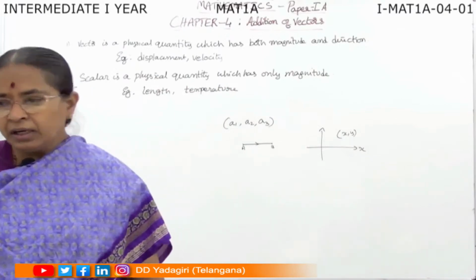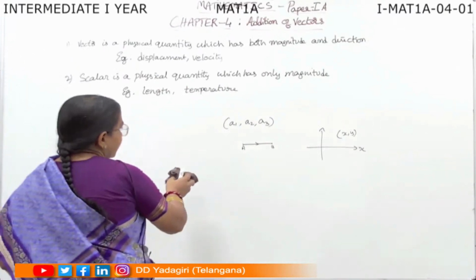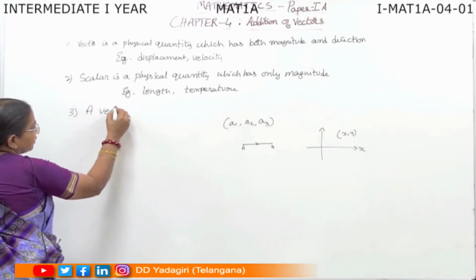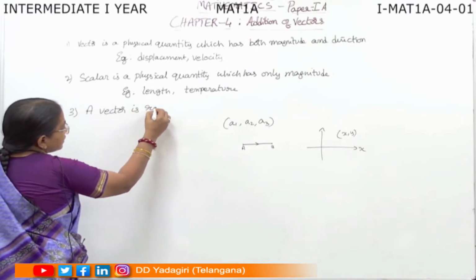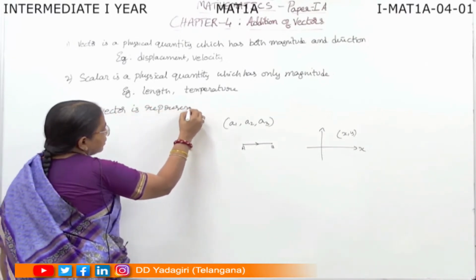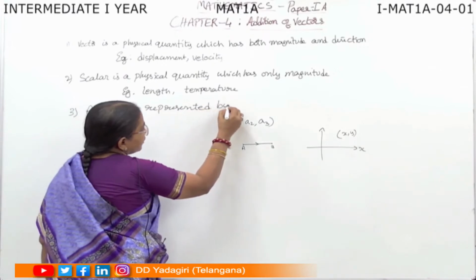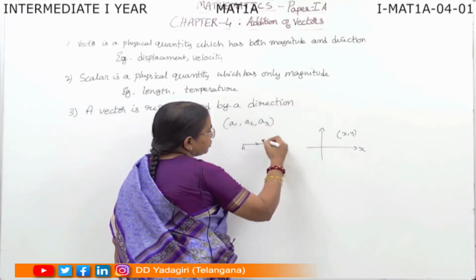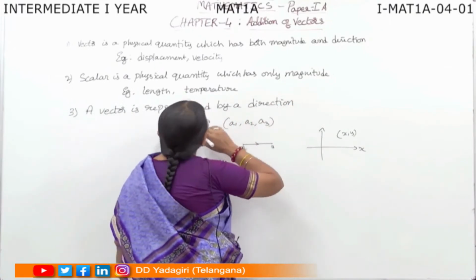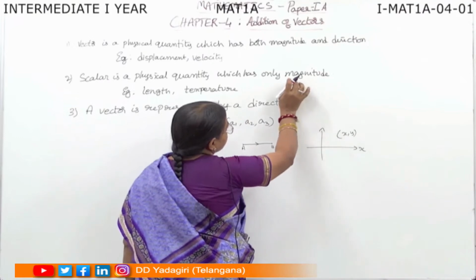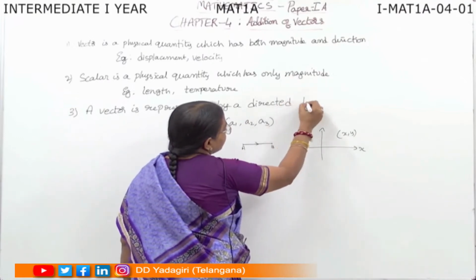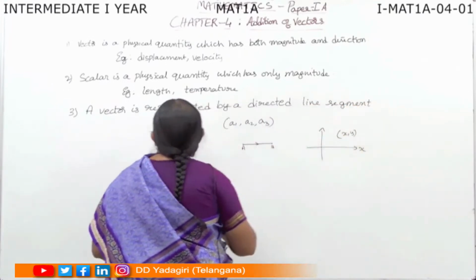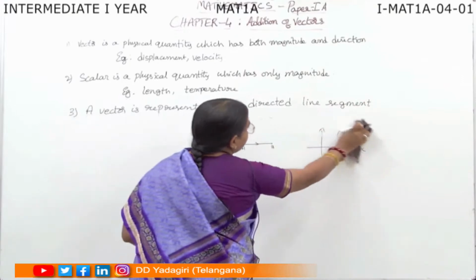Now a vector is represented by a directed line segment.